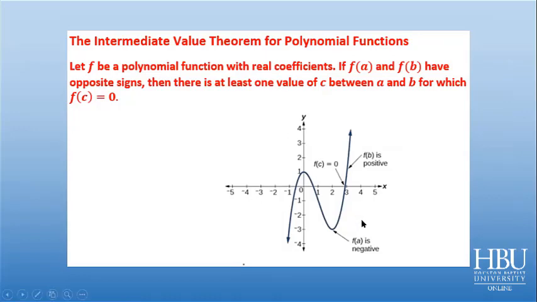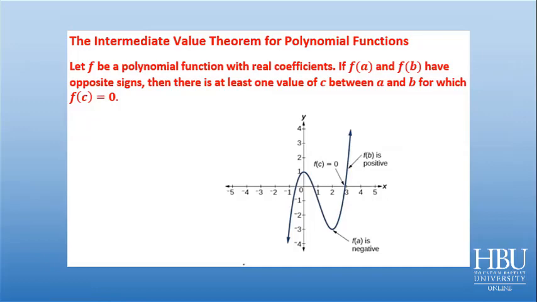Here is a picture that I think makes this very easy to understand intuitively. Here is f of a. It's below the x-axis. And here is f of b above the x-axis.